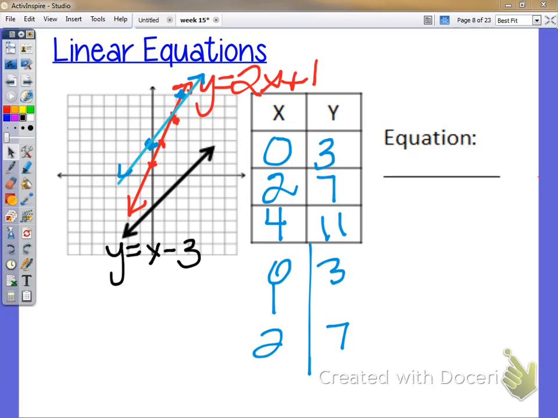So what are we missing here? 3, 5, 7, right? Do you see how that would go there? What's our 0 number? 3. Didn't we say that whatever goes with 0 is added or subtracted at the end? Why am I adding it? It's positive. If it was -3, I would subtract it.